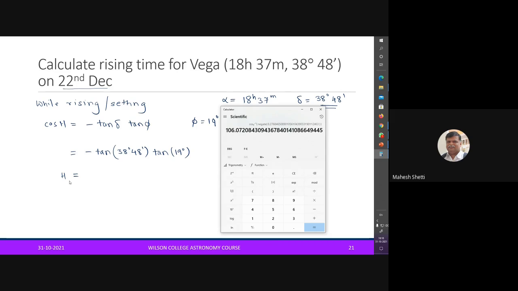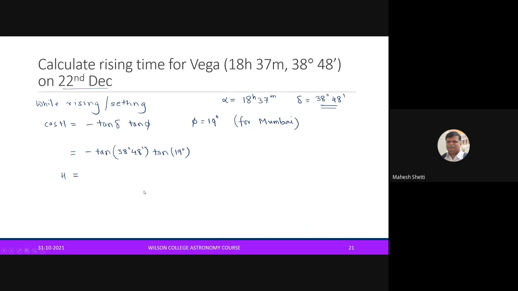This is our hour angle. Hour angle is written in the hour minute system, so I am going to divide this by 15 and I get 7.07 hours. Which I can convert into hour minute seconds. So I click on DMS and I get 7 hour 4 minutes. So I'm going to write this as 7 hour 4 minutes.